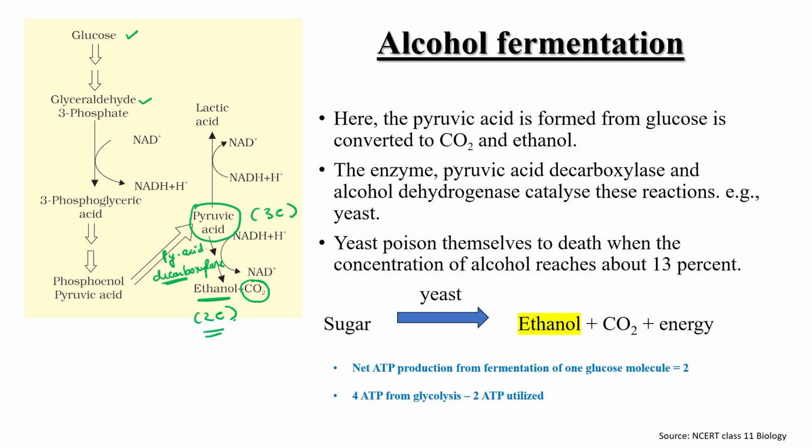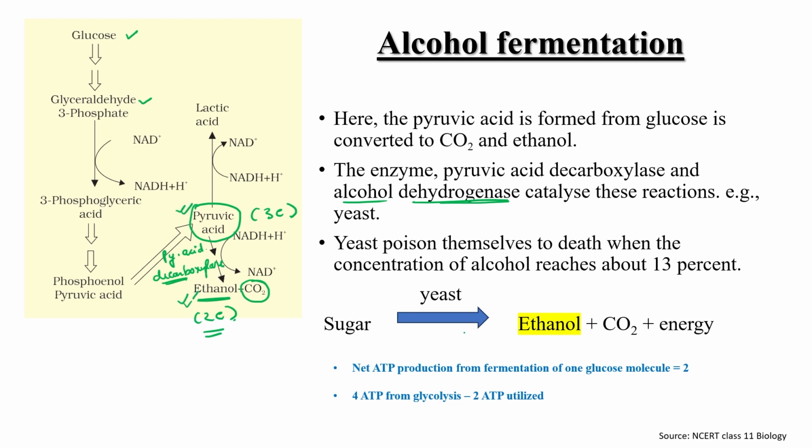Okay, so pyruvic, or we can say alcohol dehydrogenase for the same reaction. This enzyme is also involved in this particular step. So enzymes pyruvic acid decarboxylase and alcohol dehydrogenase catalyze this reaction, conversion of pyruvic acid to alcohol.